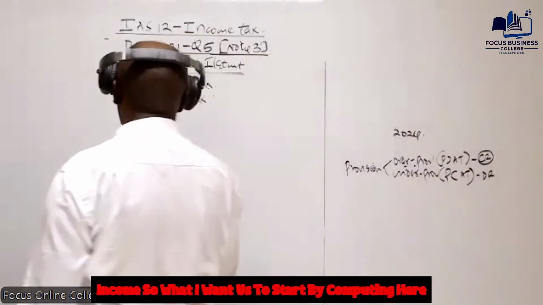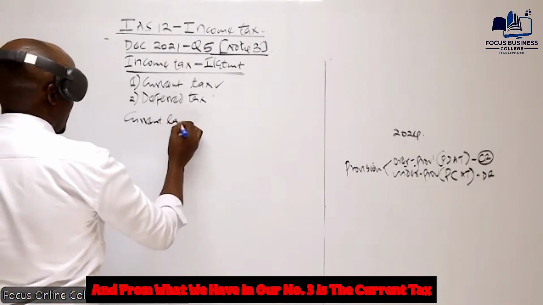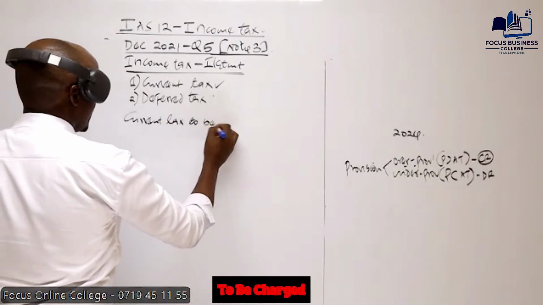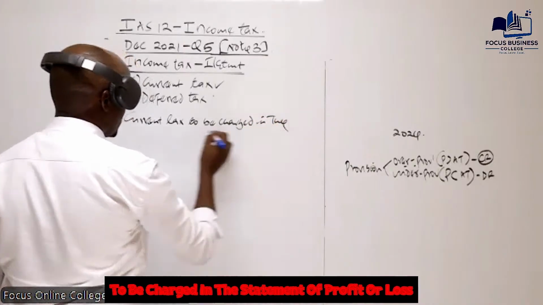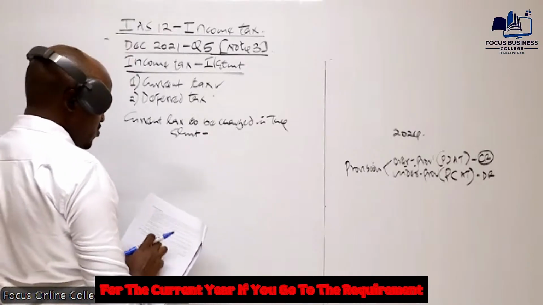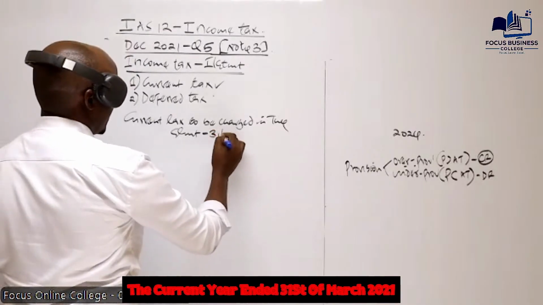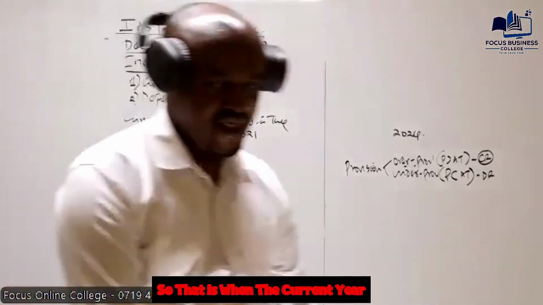Income. So what I want us to start by computing here, from what we have in note number 3, is the current tax to be charged in the statement of profit or loss, for the current year. If you go to the requirement, the current year ended 31st of March 2021. So that is when the current year ended.